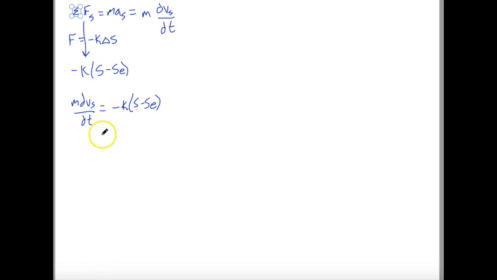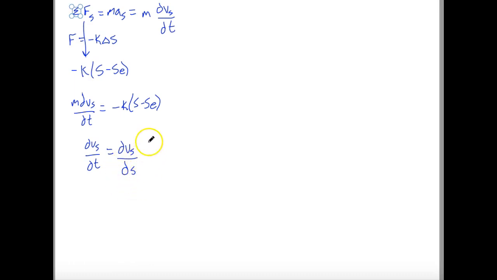So let's go through, we're going to use the chain rule. So remember, that's dv_s over dt. We don't want dt, instead we want ds, because we want to look at the velocity in terms of the actual stretch of the system. So here we're going to say dv_s, and then on the bottom, remember, we want to put ds.